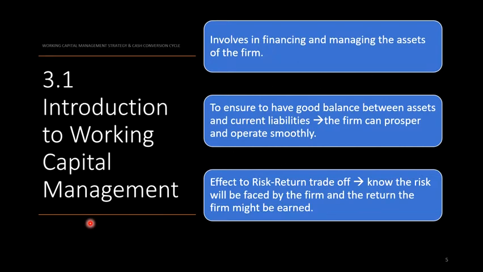However, may not result in increase in firm's returns if profit remain unchanged. Okay, sebab tu dia ada inverse relationship. Therefore, financial manager has to determine balance between liquidity and profitability that would contribute positively to the firm's value. Itu maksud dia have good balance, okay, between current asset and current liability.